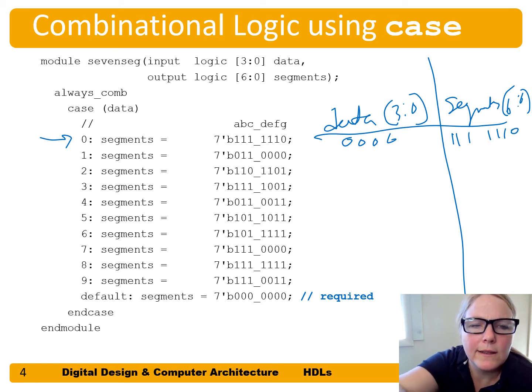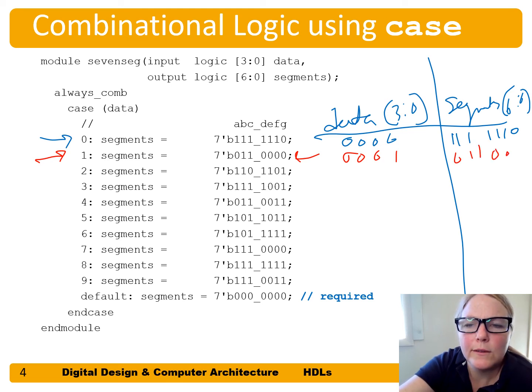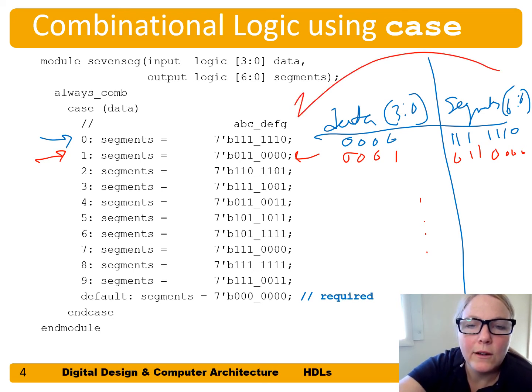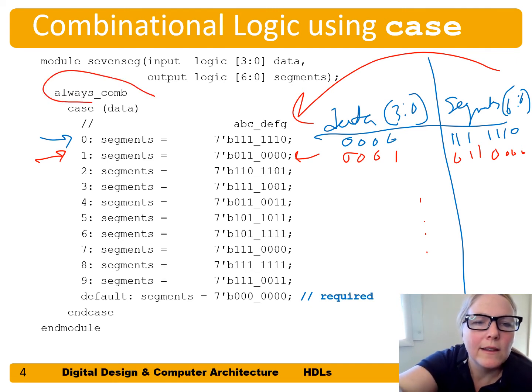If on the next line we have data of 0, 0, 0, 1, now we want our segments to be 0, 1, 1, 0, 0, 0, 0, and so forth. So instead of going from our truth table to equations and then specifying the equations, we can actually go directly from the truth table to our HDL using a case statement. Remember, case statements have to be inside of an always block.